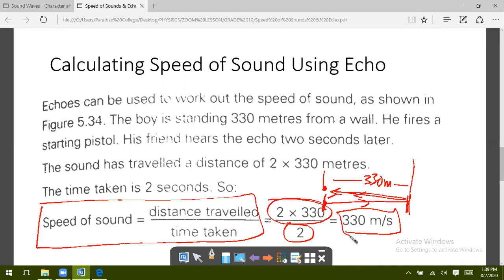Again, importantly, sound travels faster in solid, followed by liquid, and air is where sound travels the slowest. The reason is their particle arrangement. The solid particles are tightly packed together, so a particle needs to travel only a short distance to pass on the sound energy to the next particle.